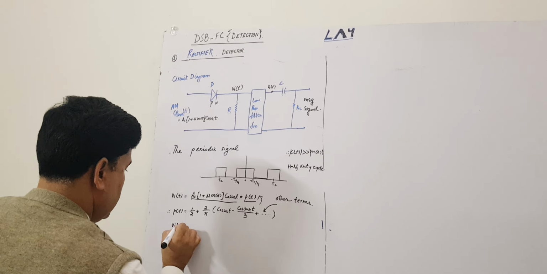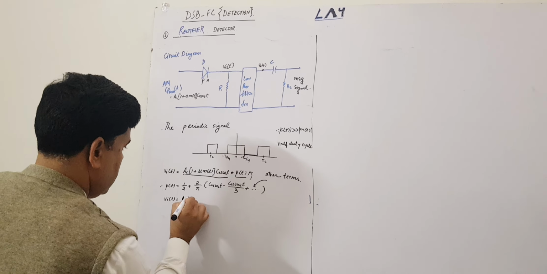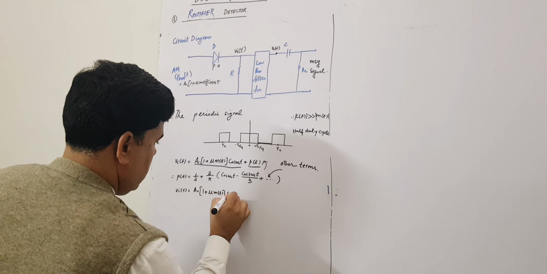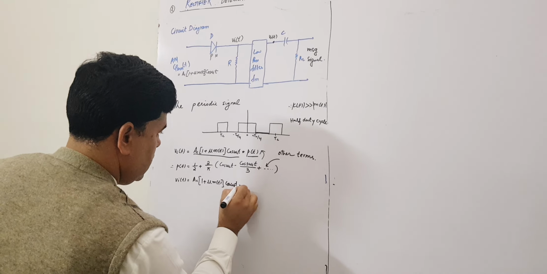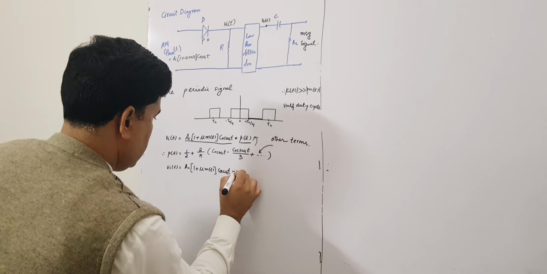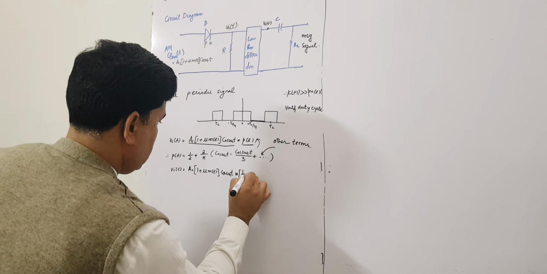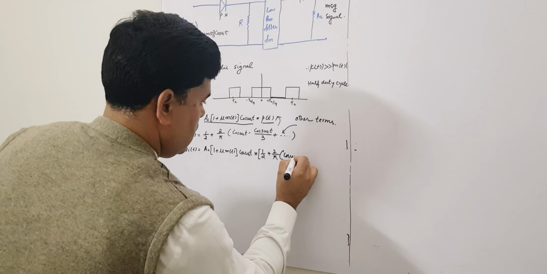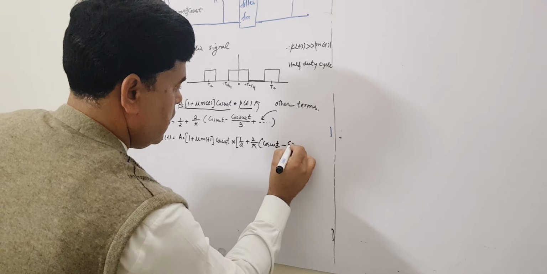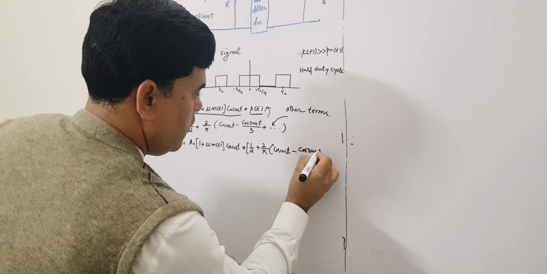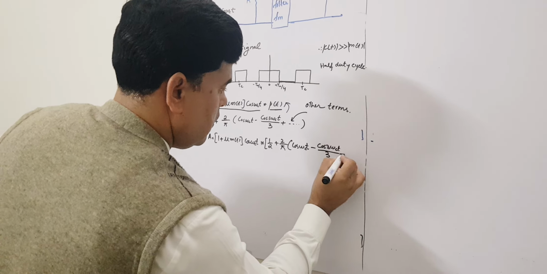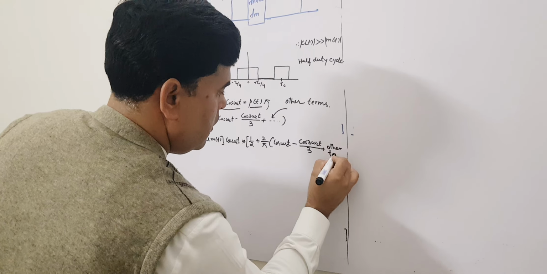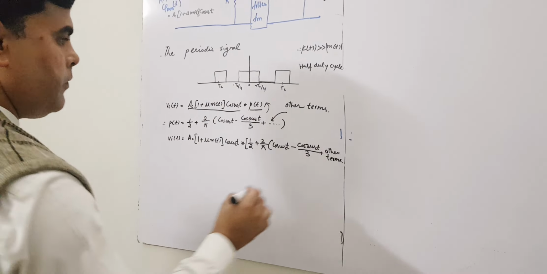So Vi(t) will be equal to Ac(1 + mu m(t)) cos omega_c t, and then multiplied by this, plus other terms.